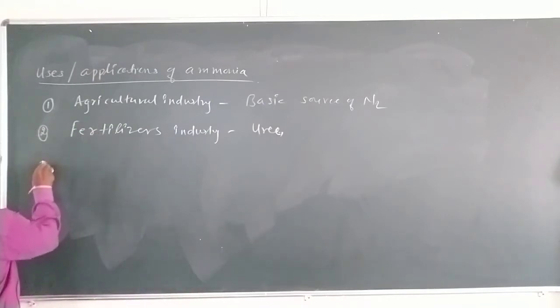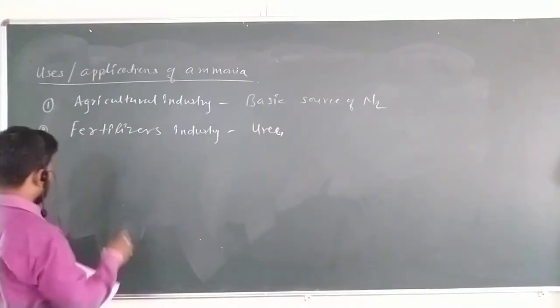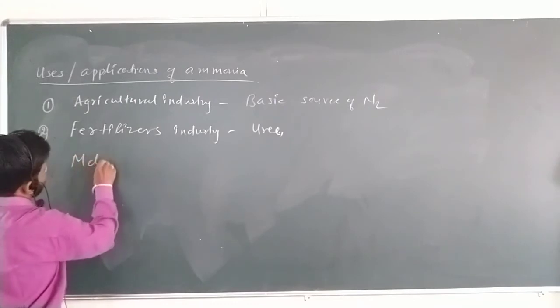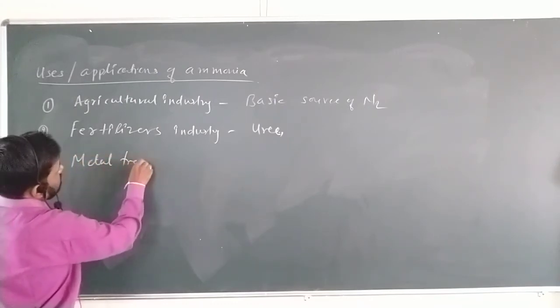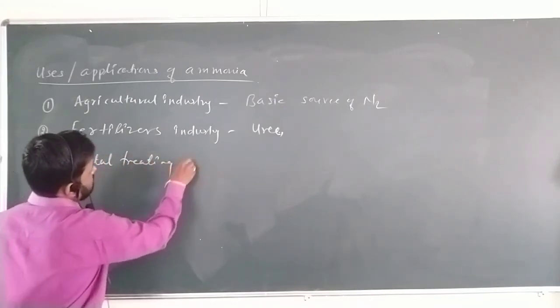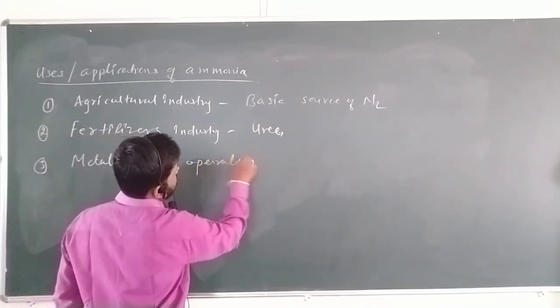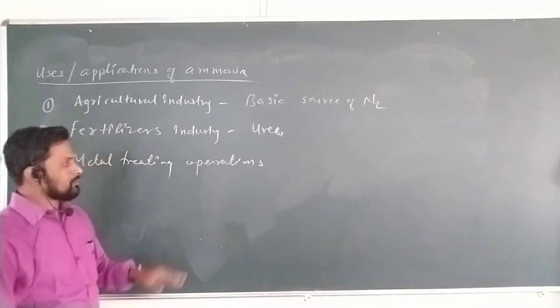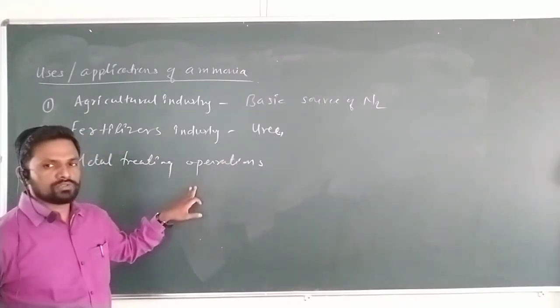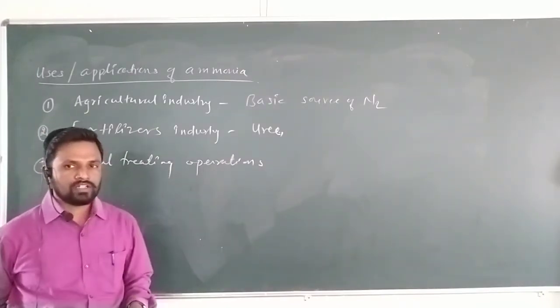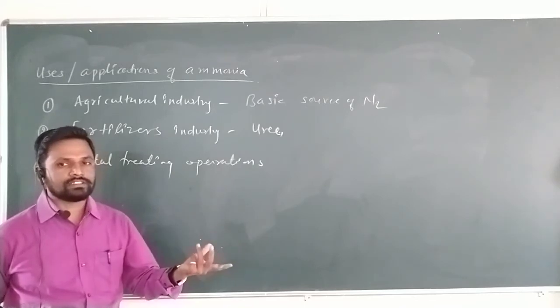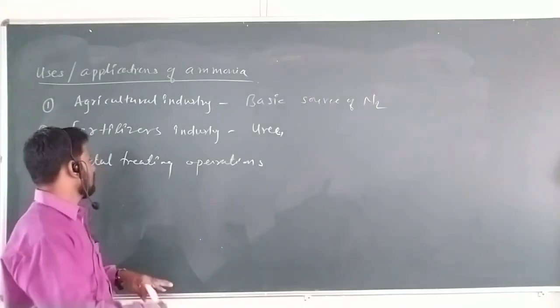And third one, which is very important, metal treating operations. In some metal treating operations, ammonia can also be used. Some of the metals or oxides, likewise the treating operations, can use ammonia.